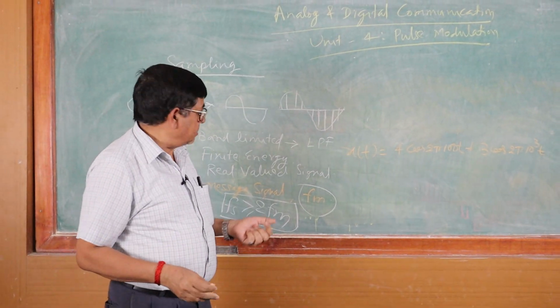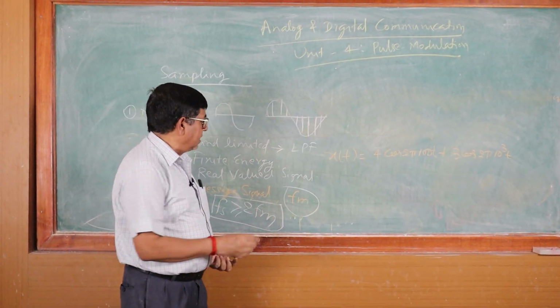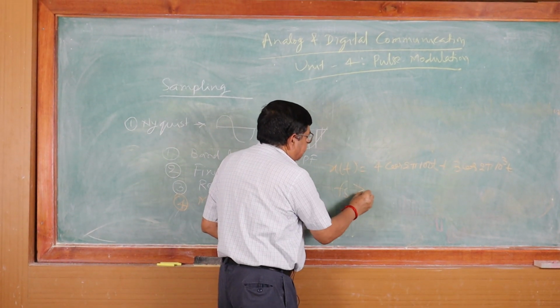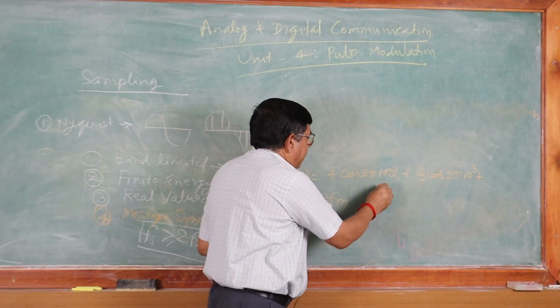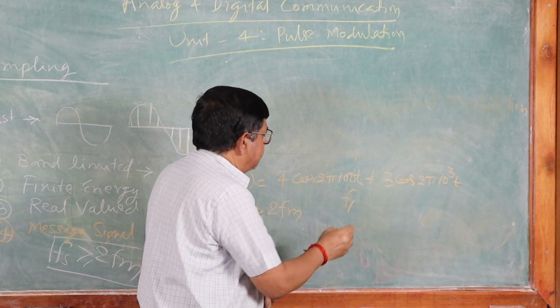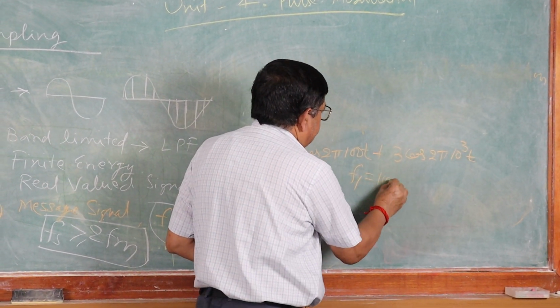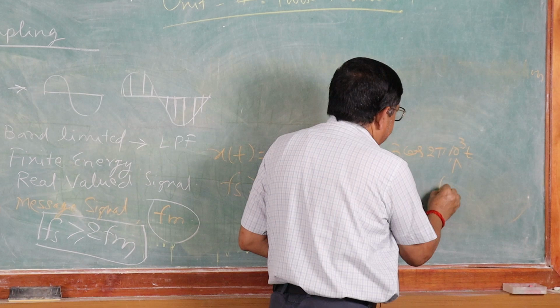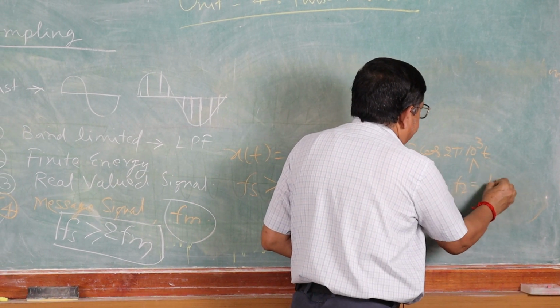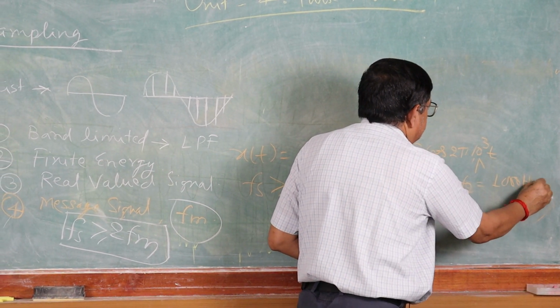Sampling should be done at what rate? Fs should be greater than or equal to 2 Fm. What Fm you should consider? F1 is 100 Hertz. F2 is 1 kilohertz or 1000 Hertz.